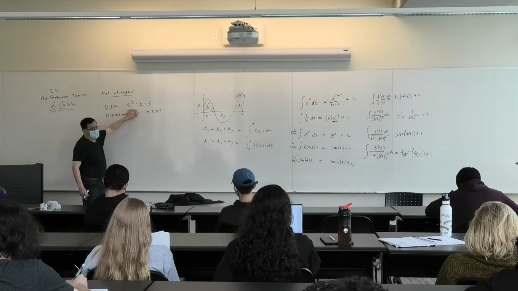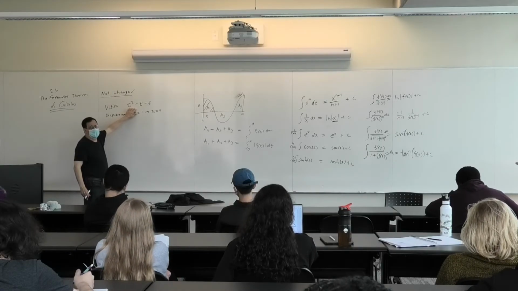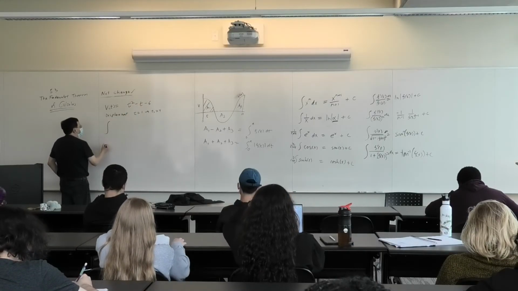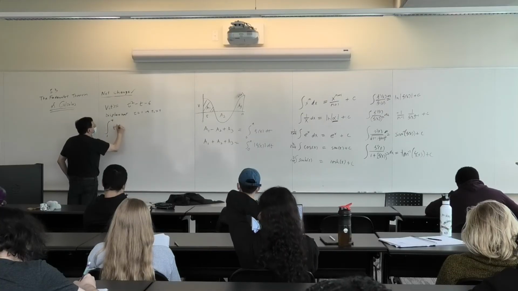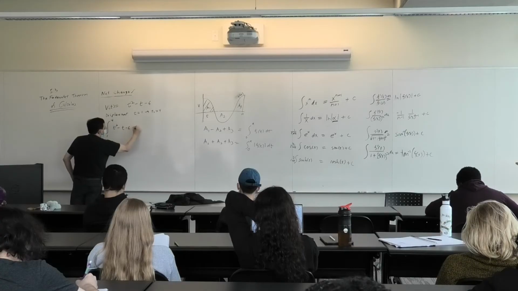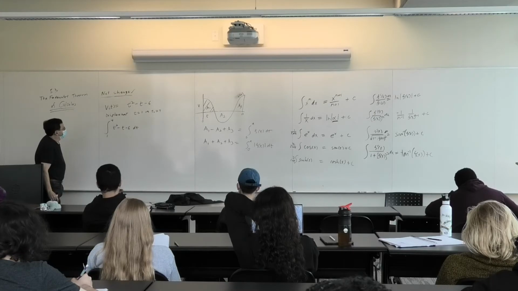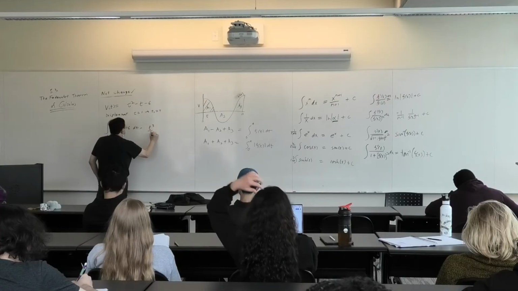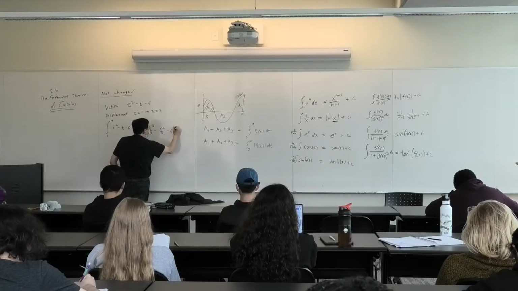So without even looking at what the graph of this is, we don't really need to know. We can just find this integral. And that should be fairly easy to evaluate. Should be t cubed over 3 minus t squared over 2 minus 6t, 1 to 4.